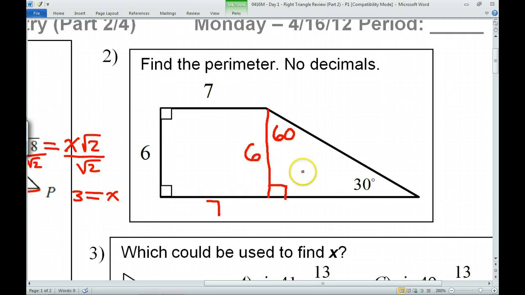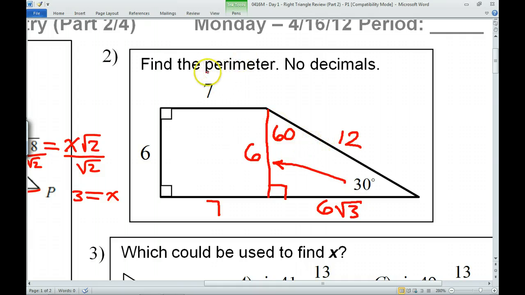This is the short leg of the 30, 60, 90 triangle. If this is 6, what will the length of the hypotenuse be? Well, that's going to be 12. And again, if the short leg is 6, what will be the length of the long leg? That should be 6 radical 3.